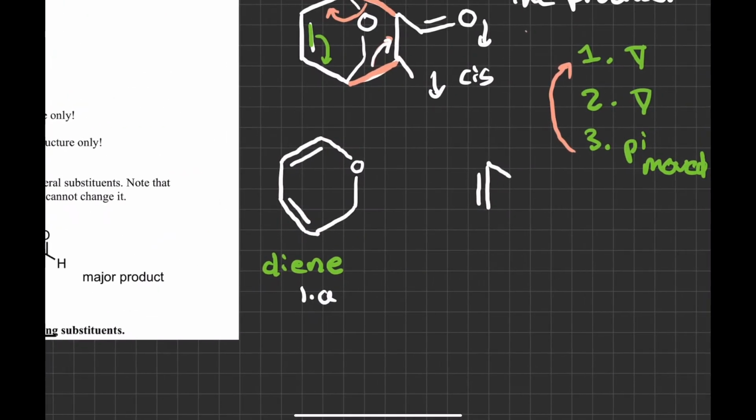The cis conformation must be maintained as the stereochemistry found in the starting materials is the same in the products. So our substituents will also be in a cis conformation. Therefore, this is our answer for 1B.